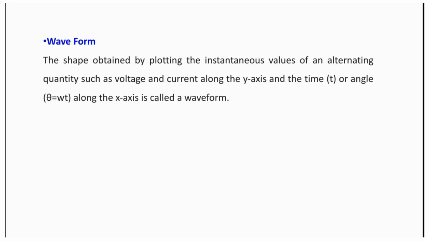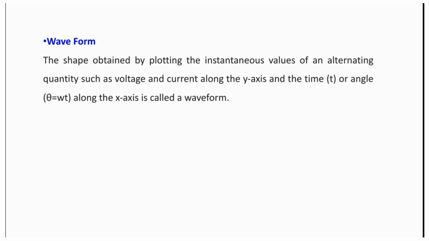It is measured in cycles per second or hertz and is denoted by f. Then time period. The time taken to complete one cycle is called the time period. It is denoted by capital T. Finally, the waveform, which is made by collecting the data from instantaneous values.